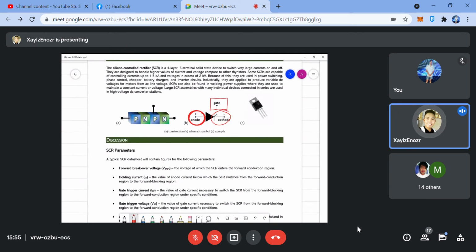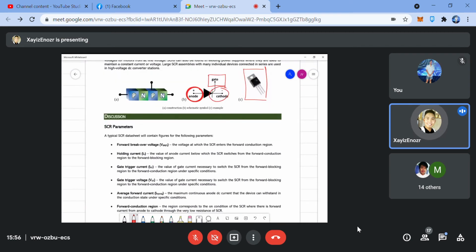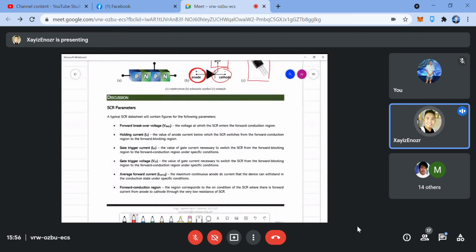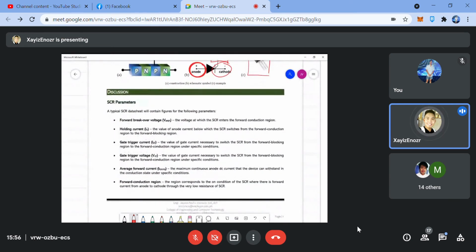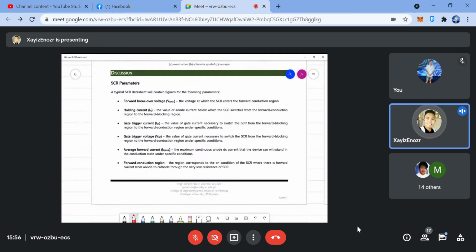So ano ba yung kahalagahan ng gate na yan? So mamaya madidiscuss yan. Then, kung bibili kayo ng SCR sa mga electronic shop, so ganito yung itsura ng isang SCR. Then, sa datasheet ng isang SCR, meron kayo doon makikita na mga parameters, okay? So ano ba yung mga parameters na yon?